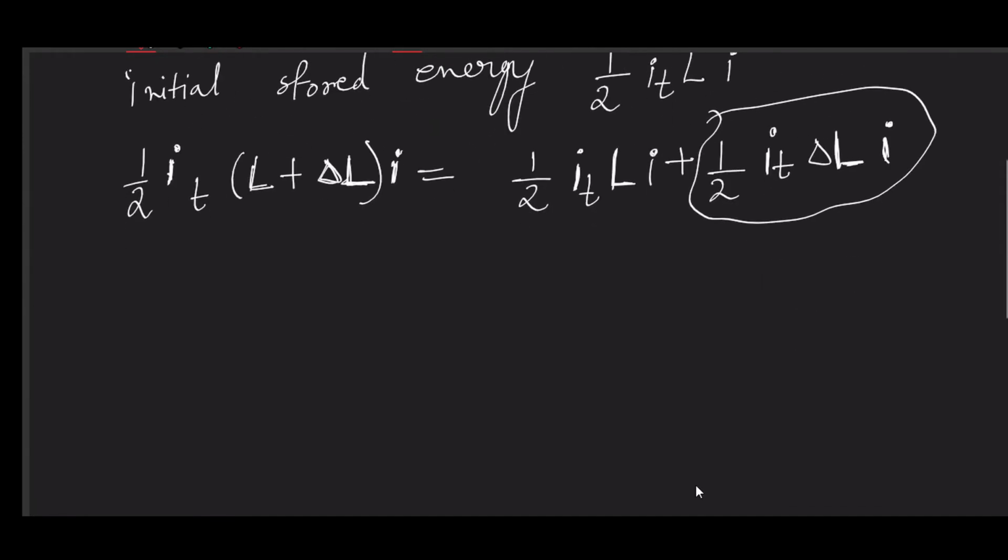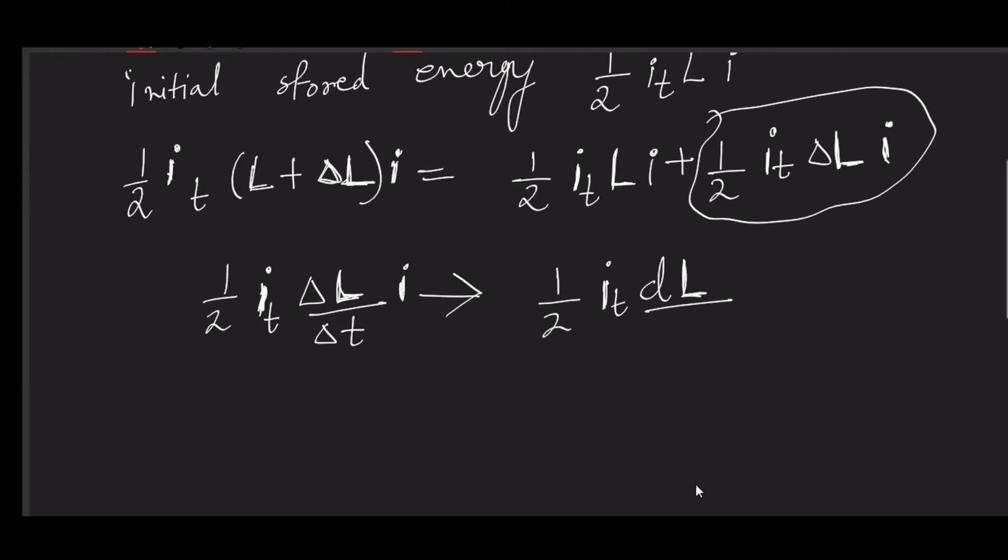So therefore what we can write is this half I transpose delta L by delta t I, as if this application of delta t here is like you are multiplying all the entries by the p operator, or allowing the p operator to operate on all the entries.